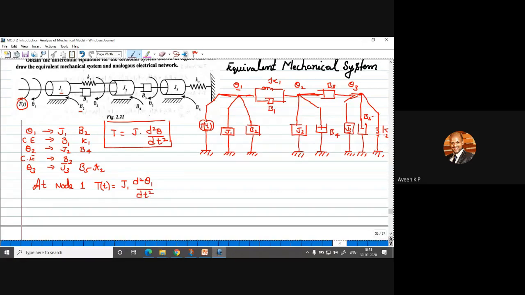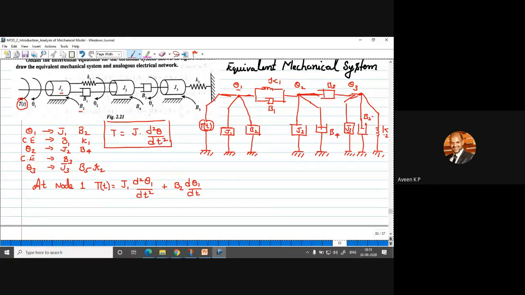Plus B2, the friction: B2 multiplied by the differentiation of theta 1 with respect to t. I hope you remember the equation for friction.